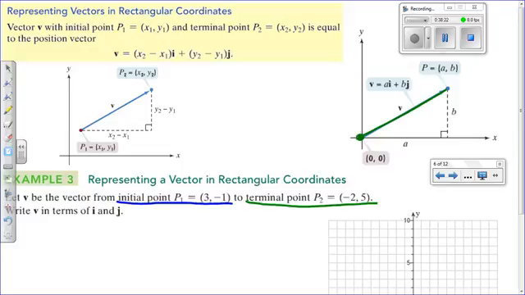And the way we're going to achieve that is by right here. Because here the difference of the x's is giving us the scalar for the horizontal component. And this difference right here of the y's is giving us the scalar of the vertical component.